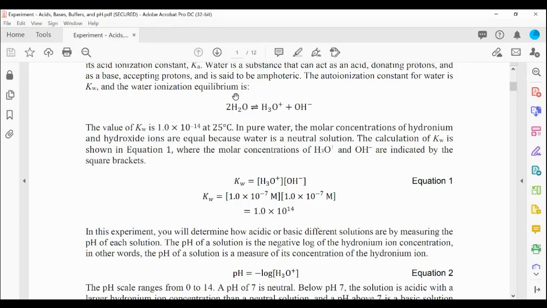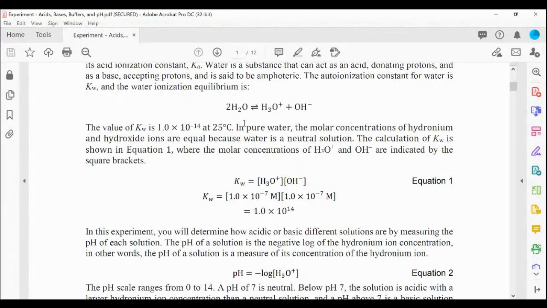In water, you will find H2O without separating. Part will be H3O plus and part will be OH minus. You will find the three species because it dissociates partially and the reaction is reversible.